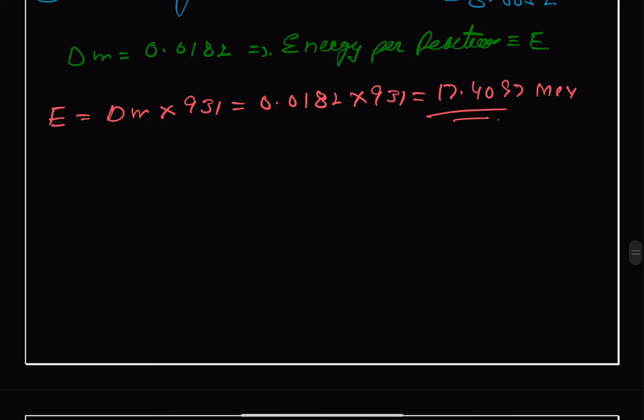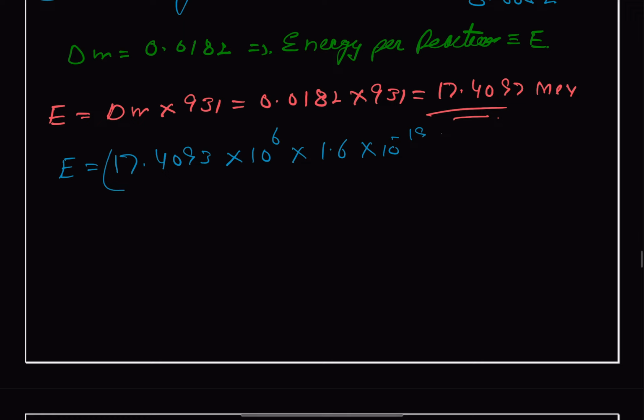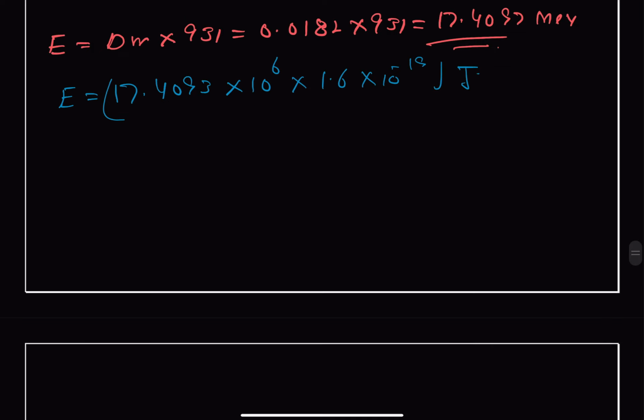Now this energy we are going to convert into joules. So energy E will be equal to 17.4097 multiplied by 10 raised to the power 6 and multiplied by 1.6 into 10 to the power minus 19, and this is now in joules.